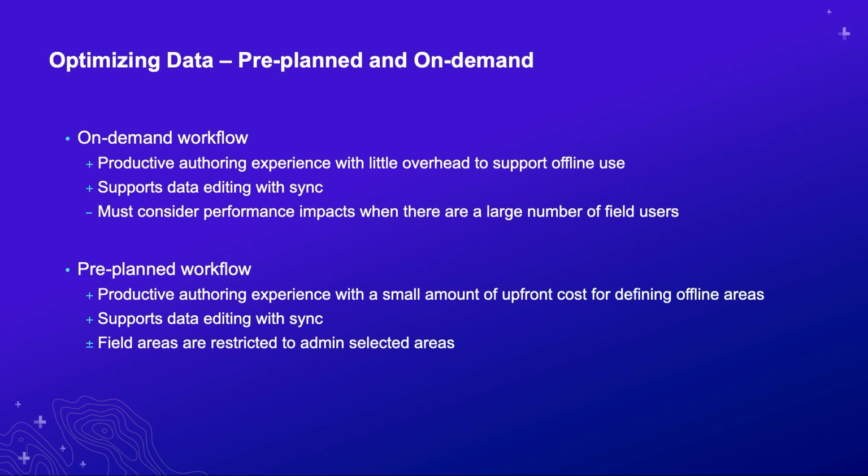If you're working in a very fluid environment where there's lots of incidents covering a large area, and it's difficult to know where these are ahead of time, then the on-demand workflow might be more appropriate. But a lot of it's to do with, if you like, the size of area.